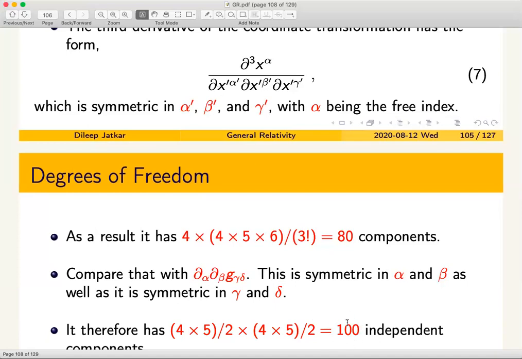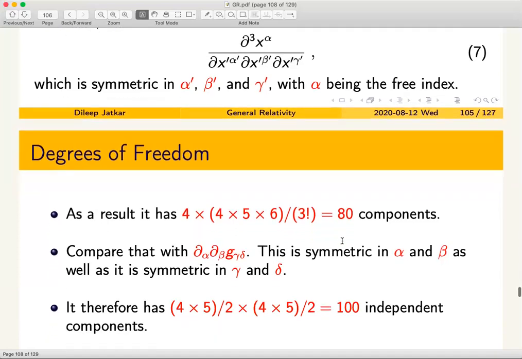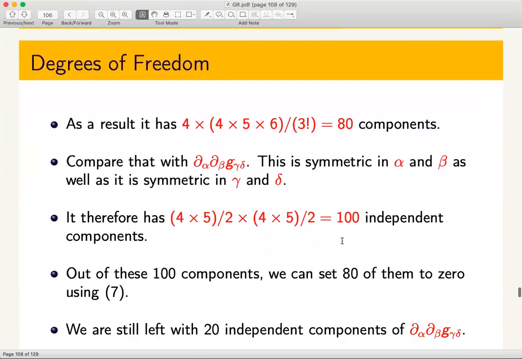Out of 100 independent components, it can reduce that to 20 independent components, because maximally you can reduce by 80. So you'll end up with 20 independent components sitting around in the second derivative of the metric.